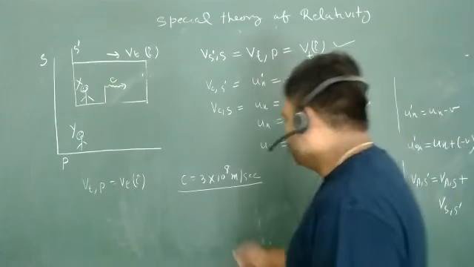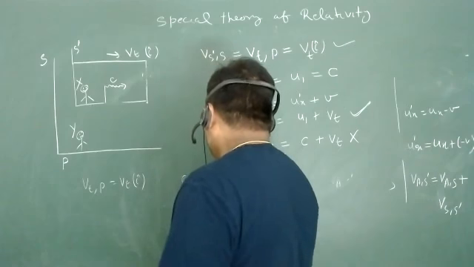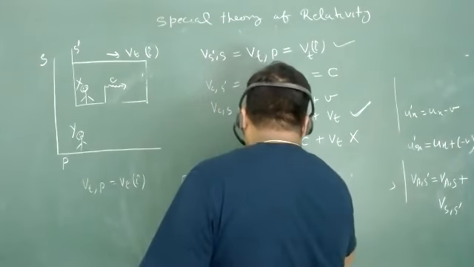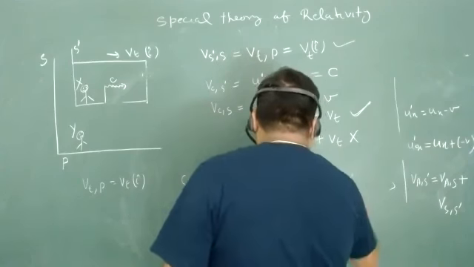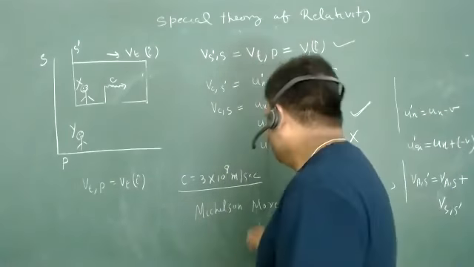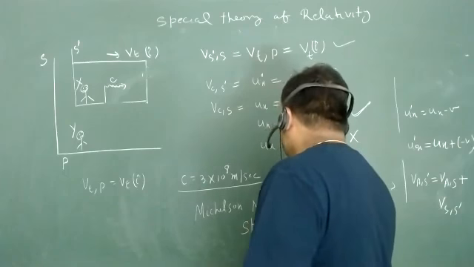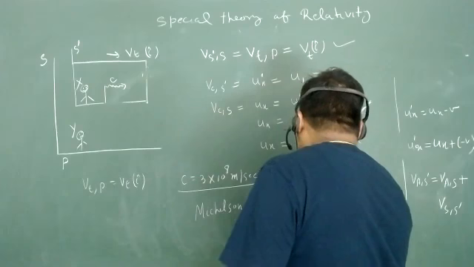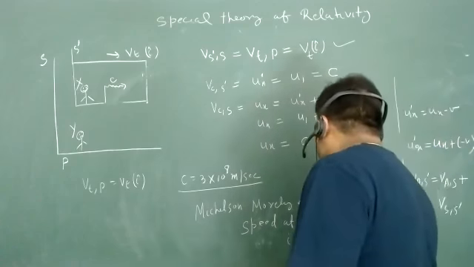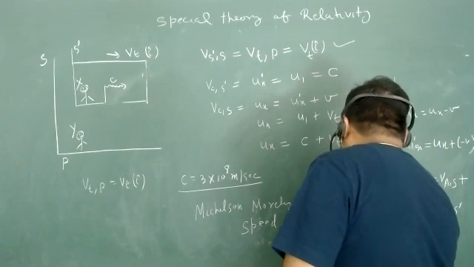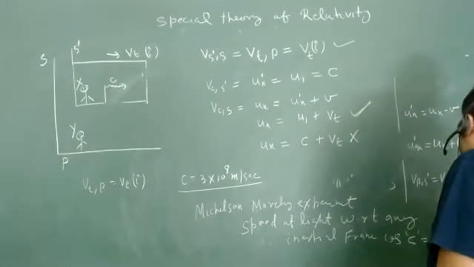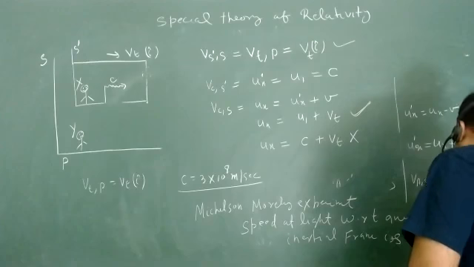Why is it false? Because there is one experiment, the Michelson-Morley experiment, which reveals that the speed of light with respect to any inertial frame is always c, and that c is 3 times 10 to the power 8 meters per second.